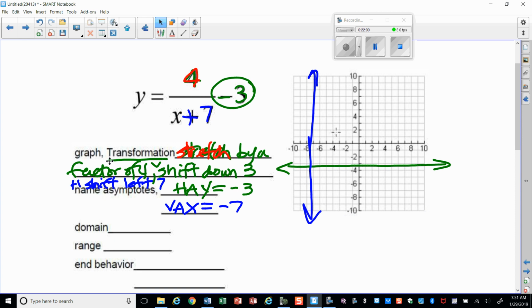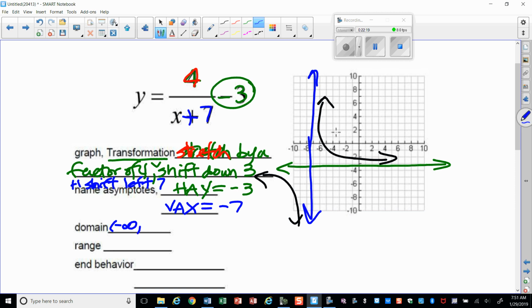We know it's going to be in here, negative to negative, positive to positive. And so the shifting here changed the domain. My domain is going to be my x value. So the domain goes from -infinity, and it goes nuts at -7 when we have this vertical asymptote.